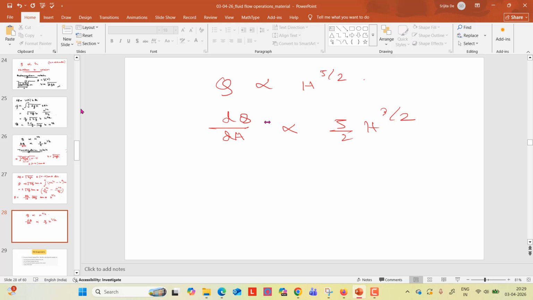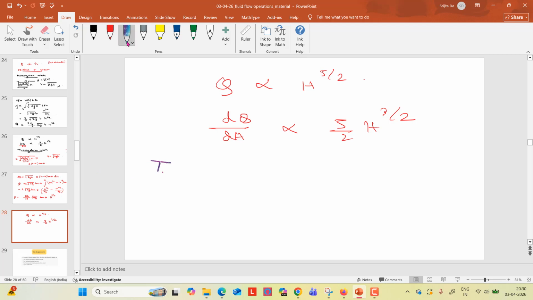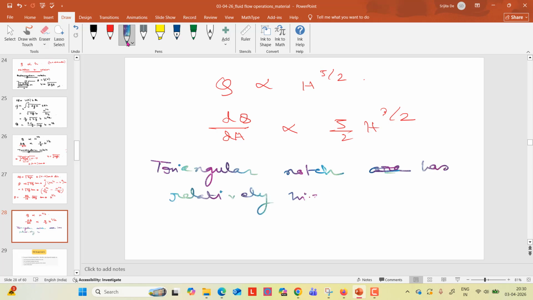So what we can conclude from this is that the triangular notch has relatively higher resolution than the rectangular notch.